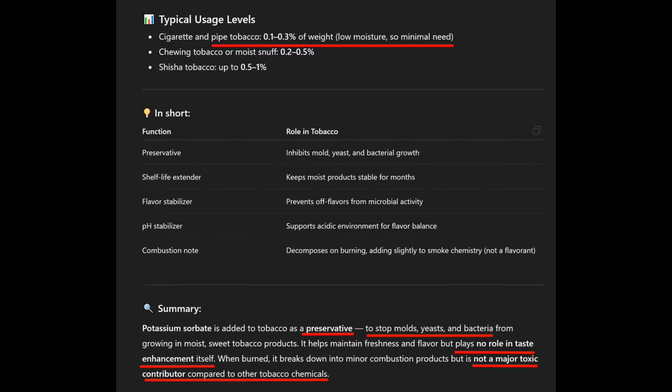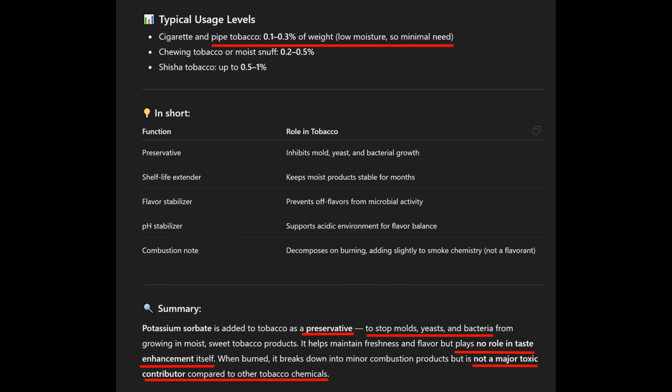In the summary, it says that it is added to tobacco as a preservative to stop molds, yeasts, and bacteria. It plays no role in taste enhancement itself, so that's important. And it's not a major toxic contributor compared to other tobacco chemicals.